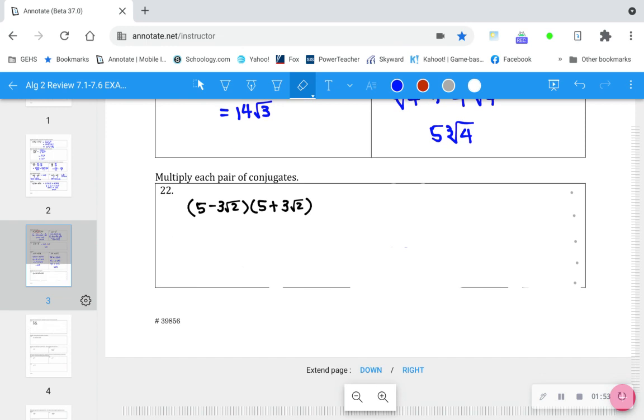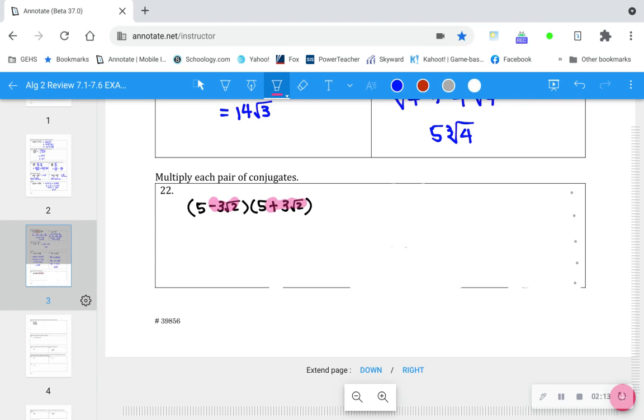Okay, on the next one here, we have conjugates. And when you're multiplying conjugates, let me first of all highlight what makes these conjugates. They're identical except for the sign of the part that has the cube root or the root in it.